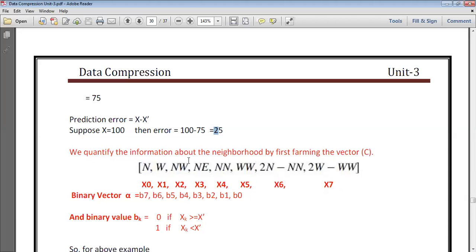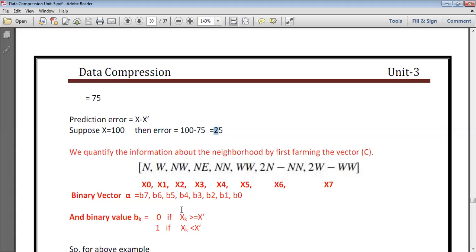And this is nomenclature as x naught, x1, x2, x3, x4, x5, x6 and x7. For our convenience, we have applied the nomenclature x naught to x7.